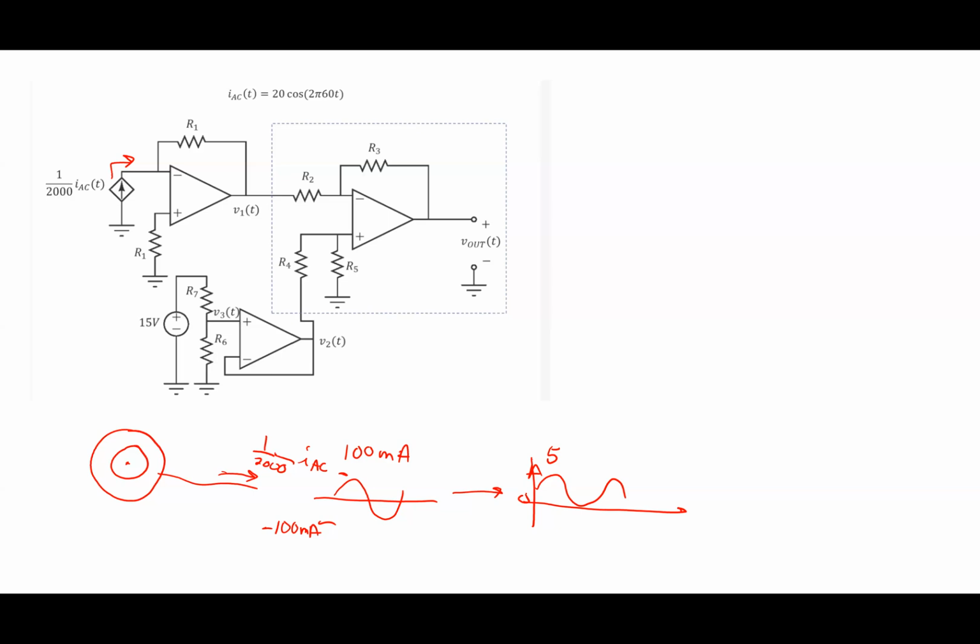The way I do this is I view this as basically 3 different circuits. So the circuit in the corner, for V1, let's separate it out for a second. Let's do the middle circuit here, the one in the box: R2, R3, R4, R5.